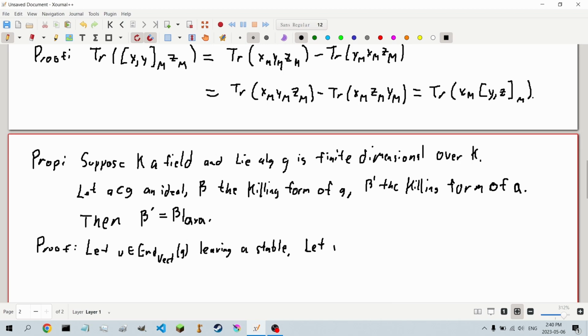We're going to let V be the restriction of U to A, and W the endomorphism of the vector space G over A as a quotient, passing our U to the quotient.